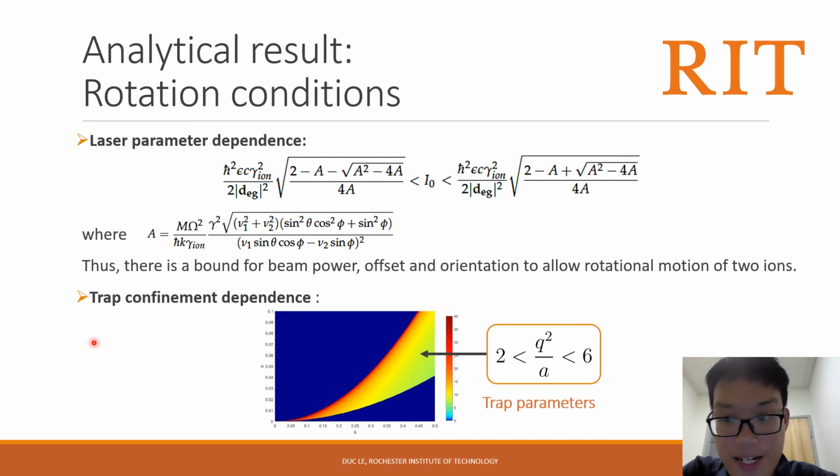There's also an additional condition for the trap parameters, which is this ratio between the DC and the RF trap parameters to allow for rotational motion.